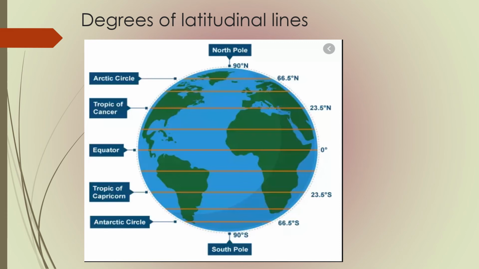The equator, as we learned, is a line which divides the globe into two equal halves. It is labeled as equator and it stands at 0 degrees latitude. Coming downwards, you have Tropic of Capricorn, which stands at 23.5 degrees south. And then we have Antarctic Circle, which is 66.5 degrees south. And right at the bottom, you have South Pole, which is 90 degrees south.